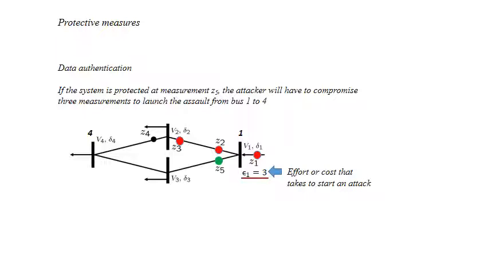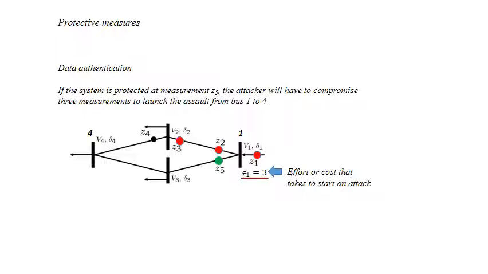This simple example shows the necessity to establish a criterion to protect the system, especially when we are talking, in the real world, about hundreds of thousands of buses. We need to establish a criterion for how to protect the power system with data authentication.